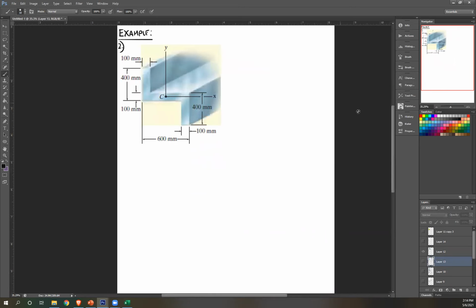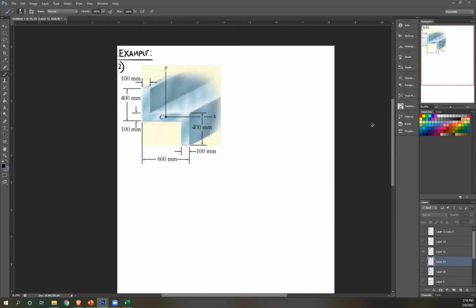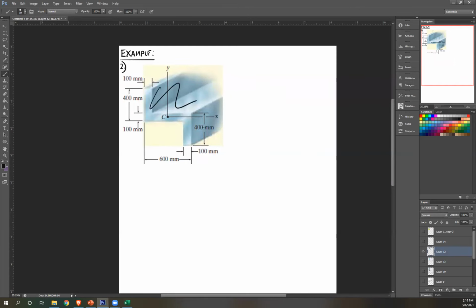So for the cross-sectional area, I just need to get a cross-section of this, and it looks something like this. So that's the cross-section of this.